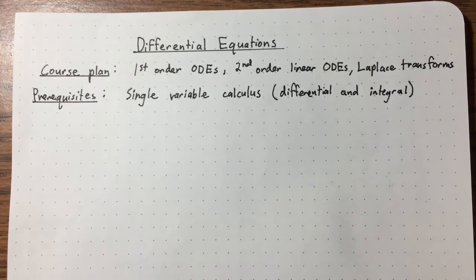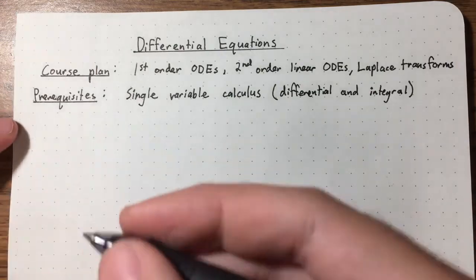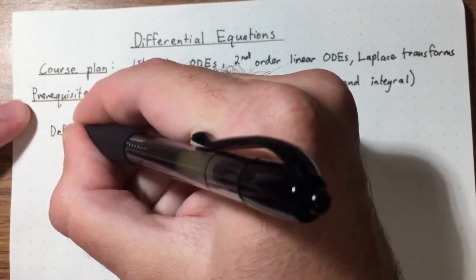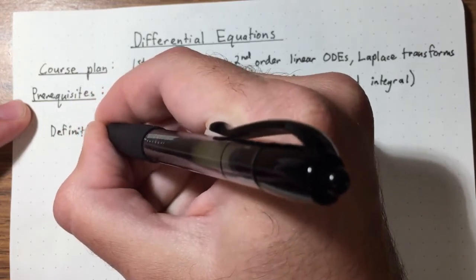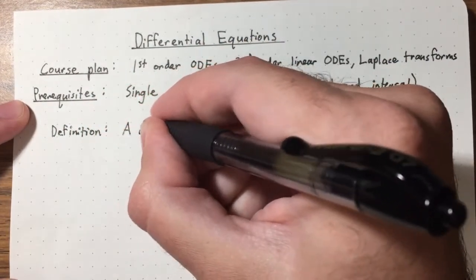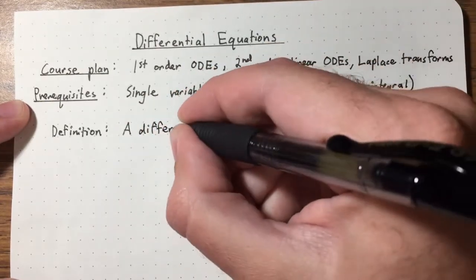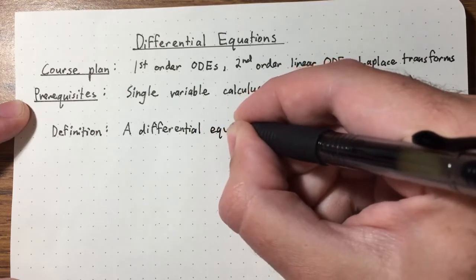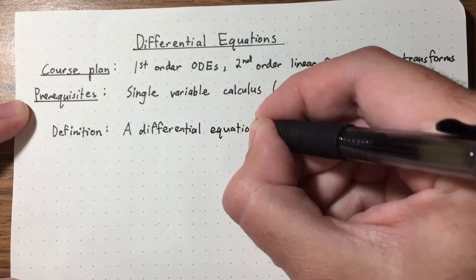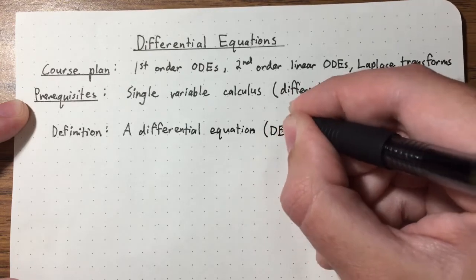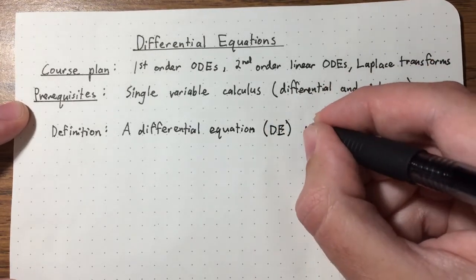Okay. So let's go ahead and say what a differential equation is. Definition. A differential equation, or DE for short. So what is it?